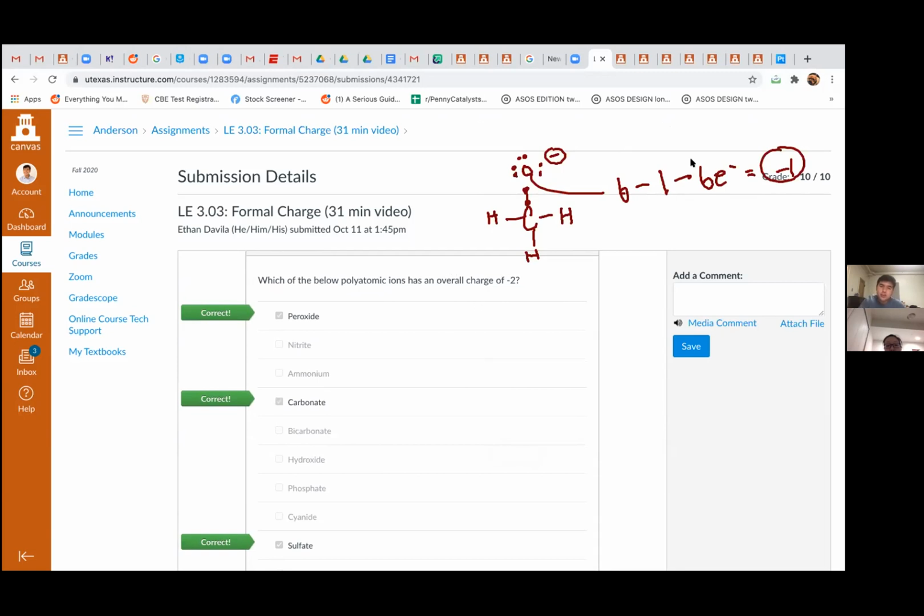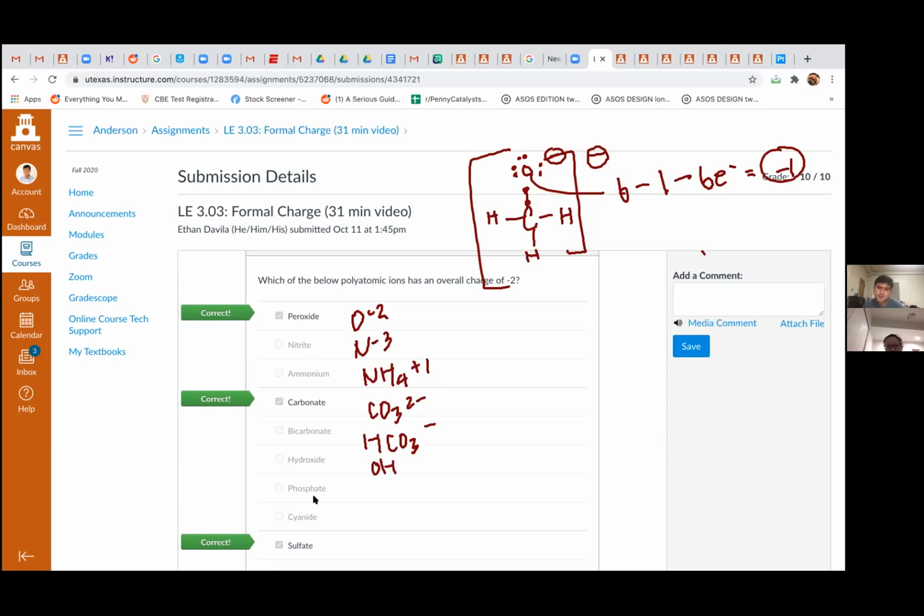Wait, is overall charge this? Well, the overall charge of this is -1. But peroxide is -2. Nitrite, -3. Ammonium, +1. Carbonate, this. Bicarb, this. Hydroxide, this. Phosphate, cyanide, sulfate. Wait, did you just memorize that?